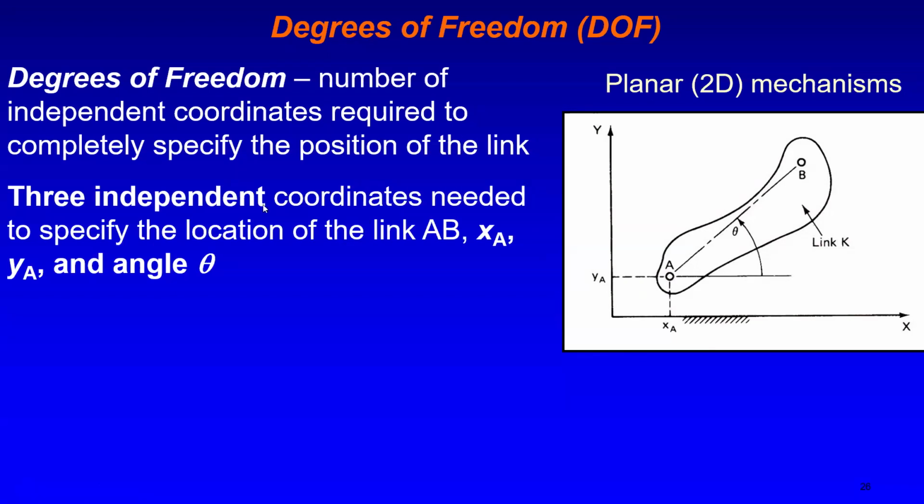The 3 independent coordinates are needed to specify the location of the link, for example, this link that is given, right? If this is our link right here, link A, so now we shall need the Y direction, and we shall need the X direction.